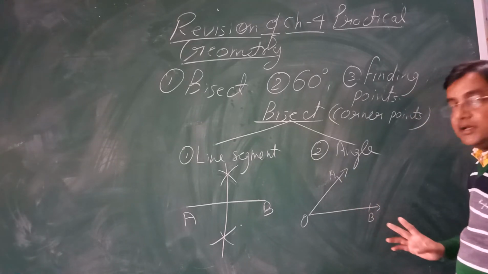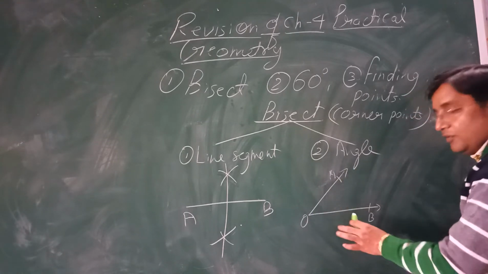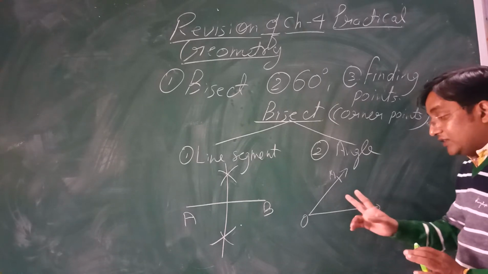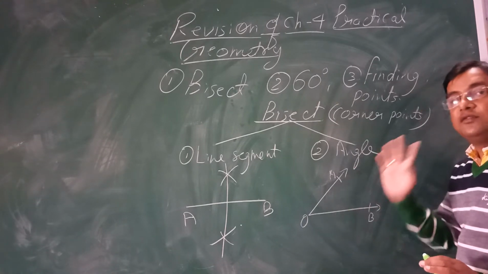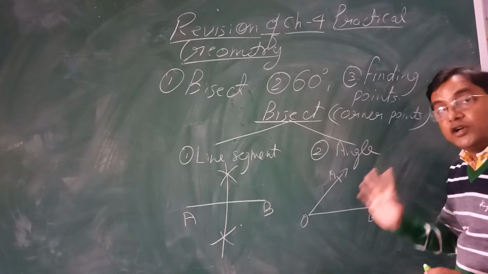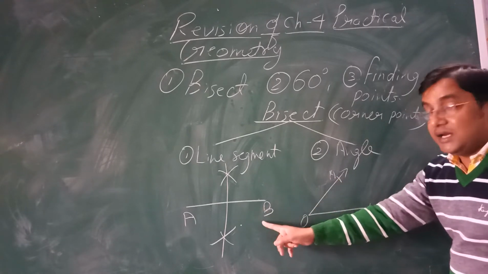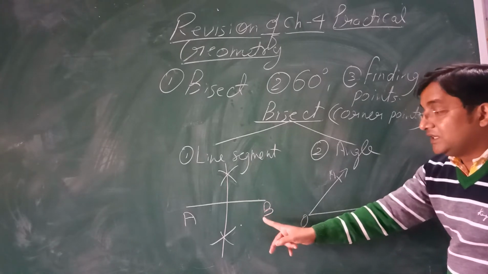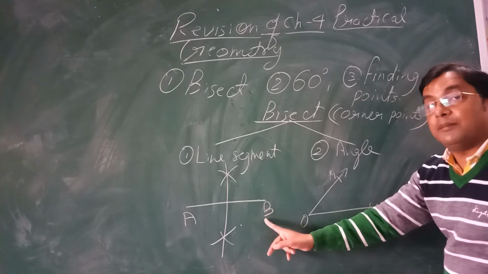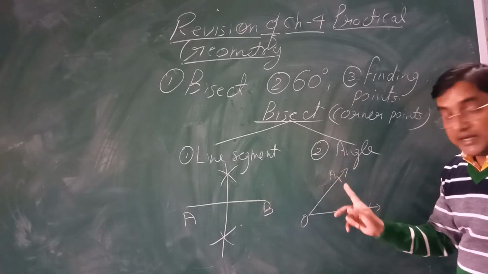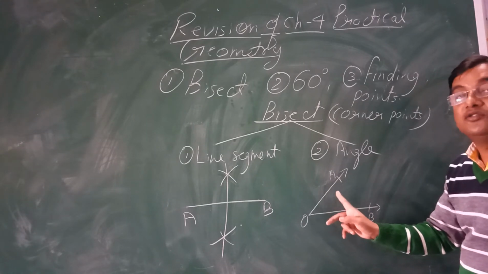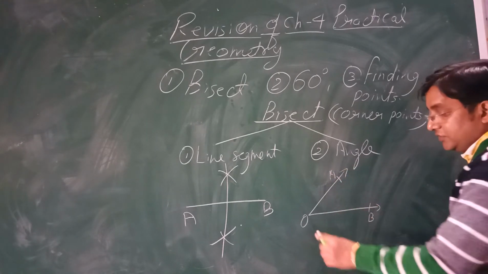In this AOB, we have to bisect the angle. For that, again we have to look for the corner point. What is the corner point here? We do not know. Remember, in a line segment there is a corner point given, but in an angle it is not given. We have to find this out.